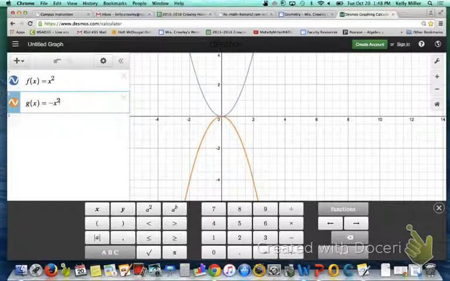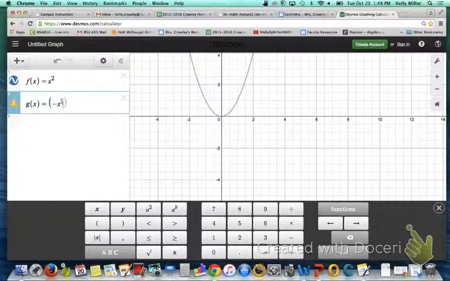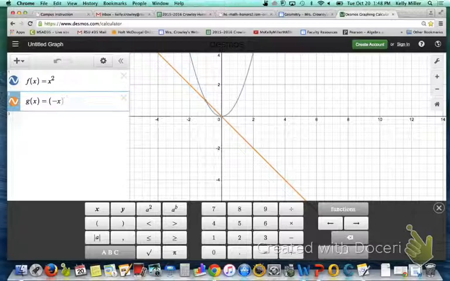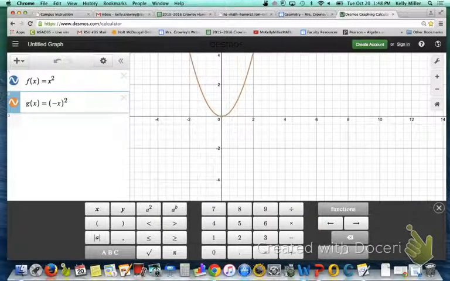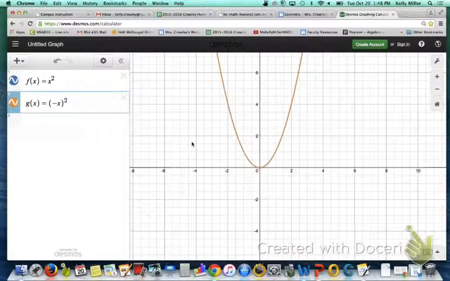What if that negative was inside? So that means I'm going to put this part in parentheses. What happened? Nothing. So it really reflected what? The y. Over the y, because it just reflected onto itself.